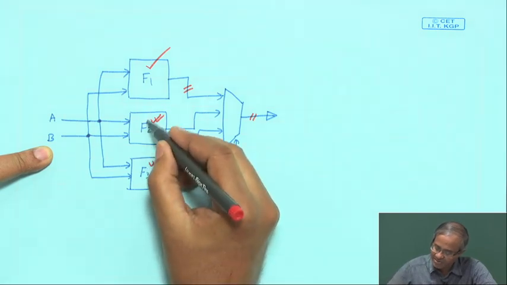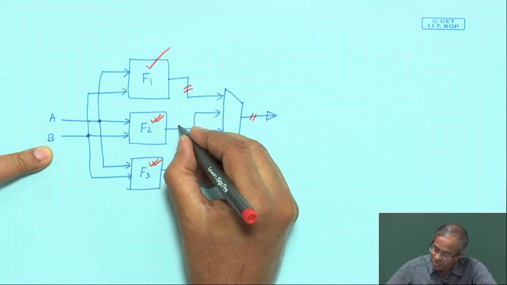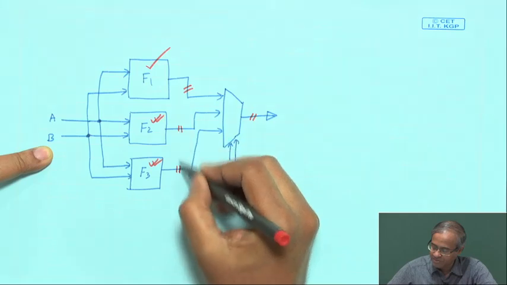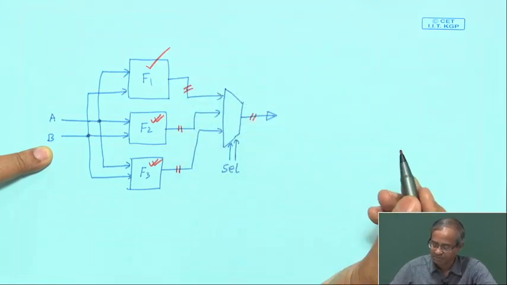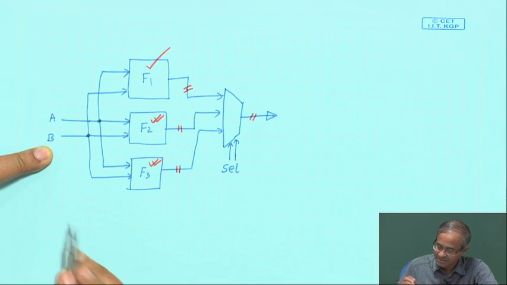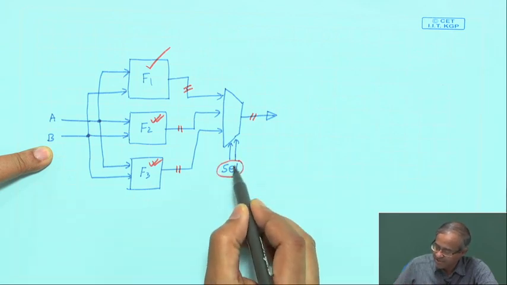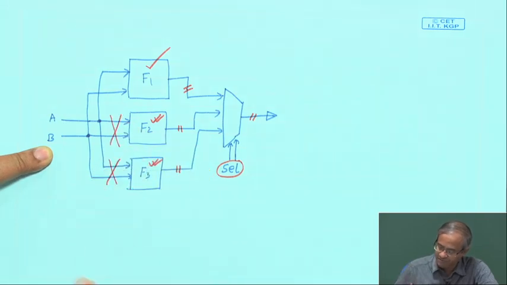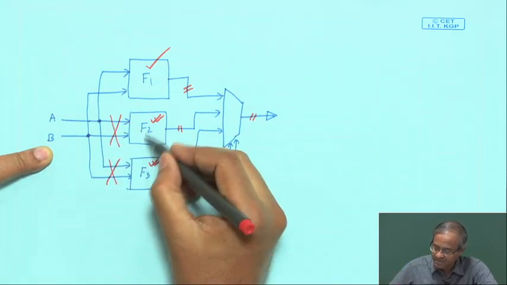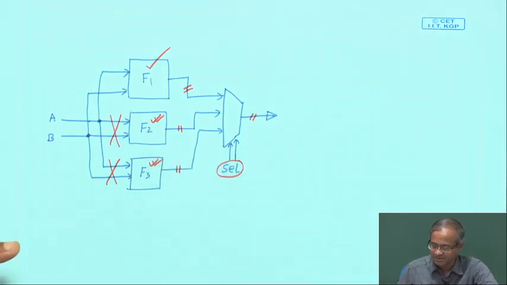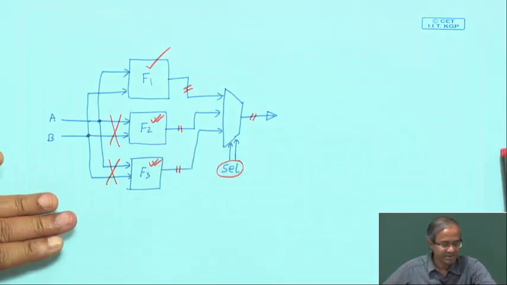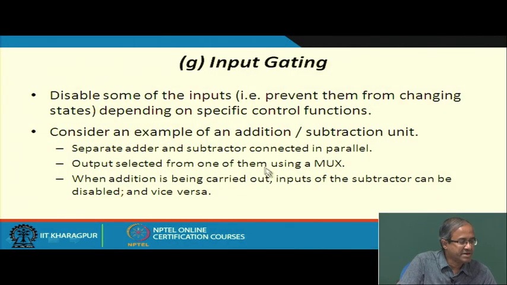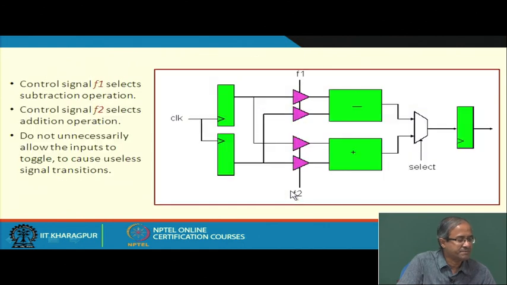There are also signal changes going on inside, they will also be computing some result in their outputs, but the multiplexer will be selecting only one of them. So, if I know from select that I am going to select F1, why not disable the inputs of F2 and F3 in some way, so that signal transitions here and here do not occur? This is the basic principle behind this method. So, here let us take an example of an adder and subtractor.